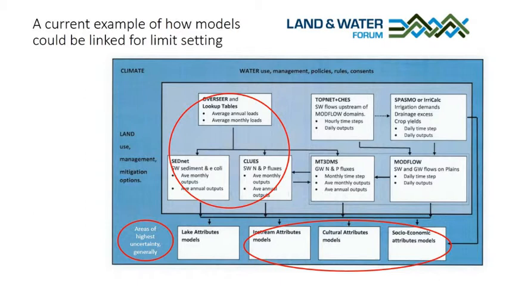Of course, there's a need to translate or to transform that reasonably fundamental level of data into attributes of direct interest to us all. So, hidden behind each of these boxes is another suite of models to deal with socioeconomic attributes, cultural attributes, in-stream attributes, and lakes.